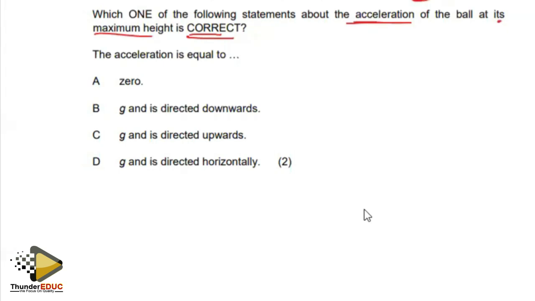Gravity just acts downwards, regardless of the position of the ball. So acceleration is 0? No, this is out. Acceleration is g and it's directed downwards, which is the correct direction. G directed upwards, no. G directed horizontally, no. G will always be directed downwards, whether the object was projected vertically up or vertically down, regardless of the initial direction of projection.